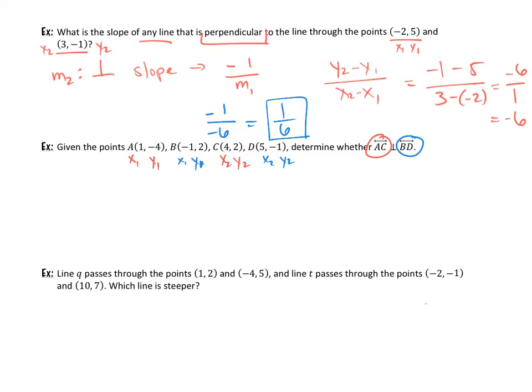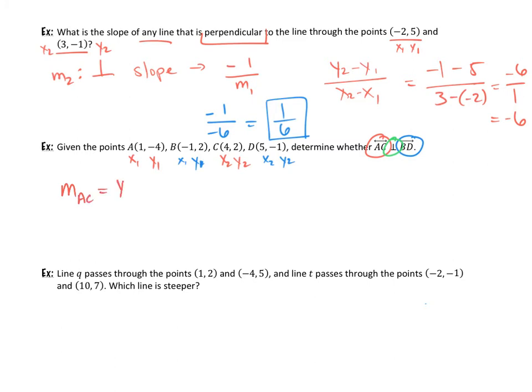We want to know if they are perpendicular. So we'll start by figuring out the slopes, and then we will see if the slopes match our relationship between perpendicular slopes, as in, are they negative reciprocals? But first things first, we're going to find the slope of line AC.